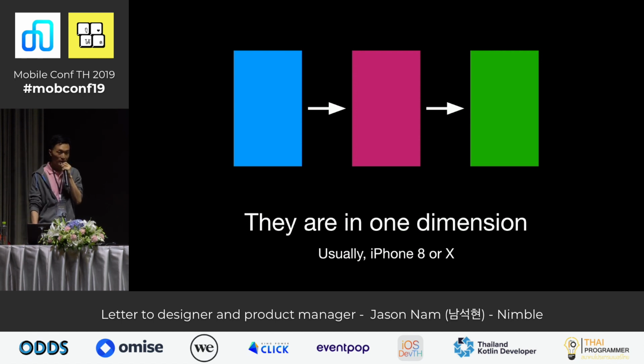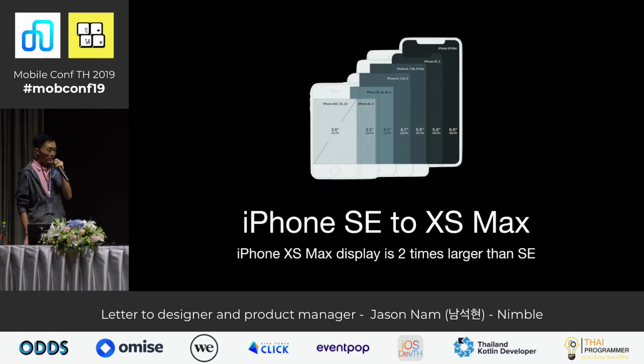And usually they are for iPhone X or iPhone 8, which was the standard screen for that time. But those are very hard to adapt to different screen sizes. Think about the size difference between iPhone SE and XS Max. The iPhone XS Max is almost 2 times as large as the iPhone SE.